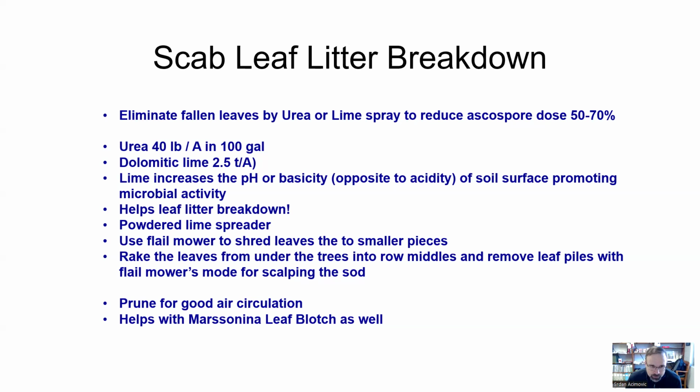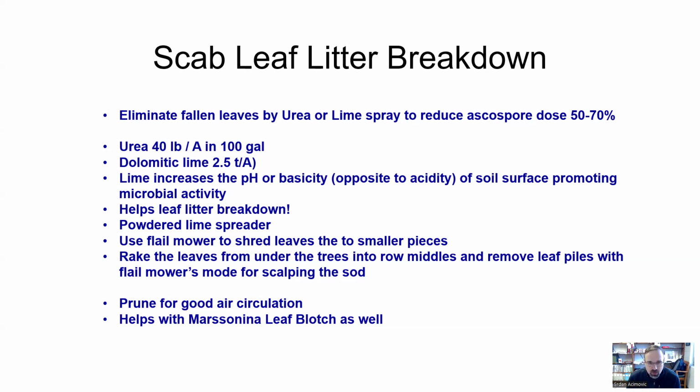If you have a flail mower, before you apply the urea or lime, you can actually use the flail mower to shred the leaves into smaller pieces, because then the degradation by the microorganisms or fauna is going to be much faster.